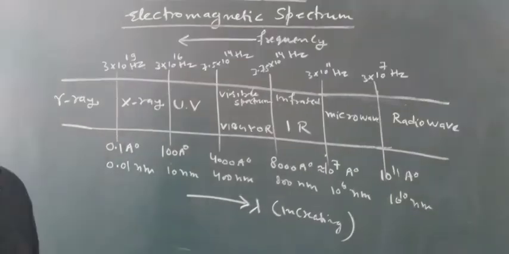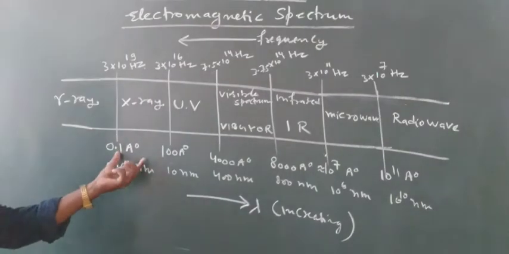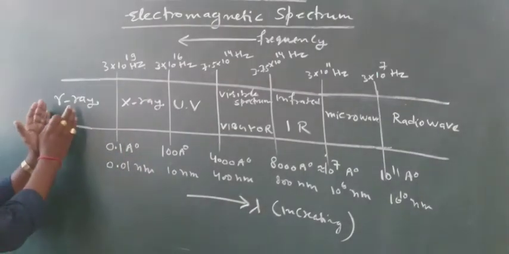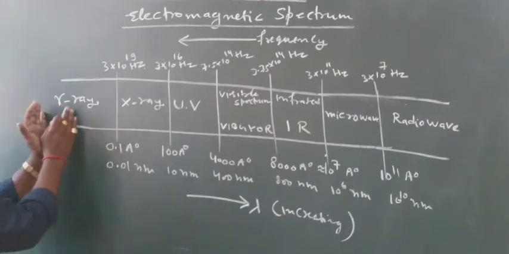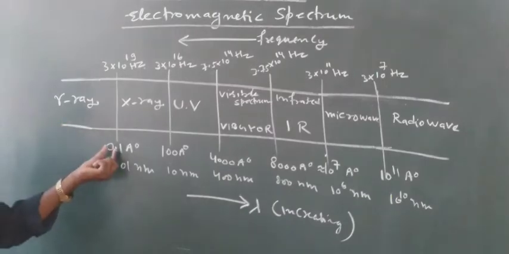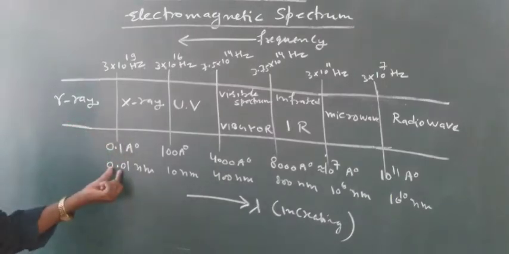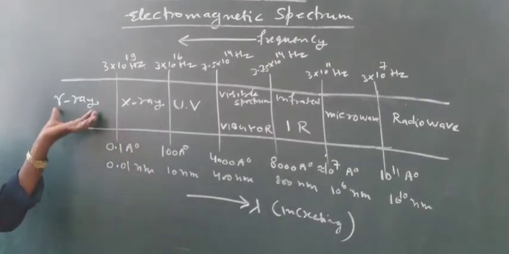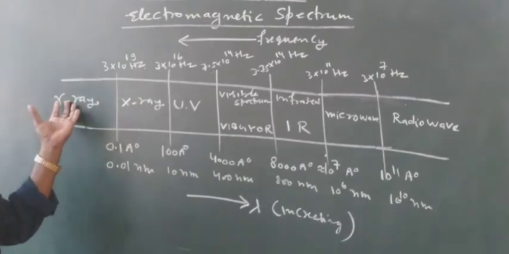Alright. In this way, it is obvious that waves with wavelength less than 0.1 angstrom or 0.01 nanometer are said to be gamma rays.